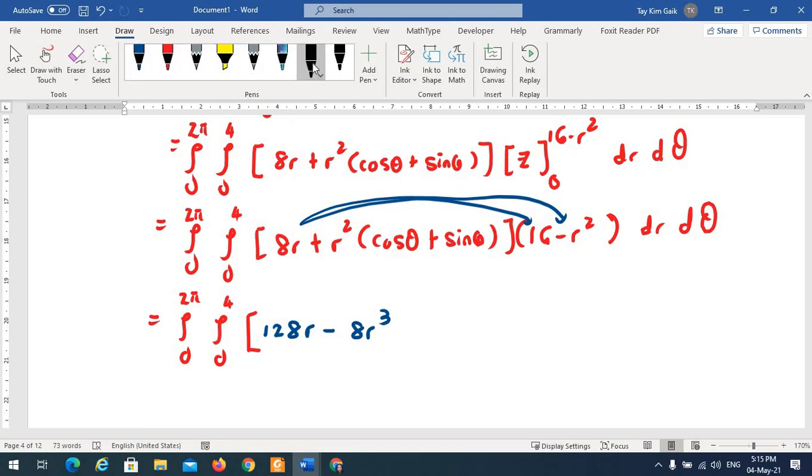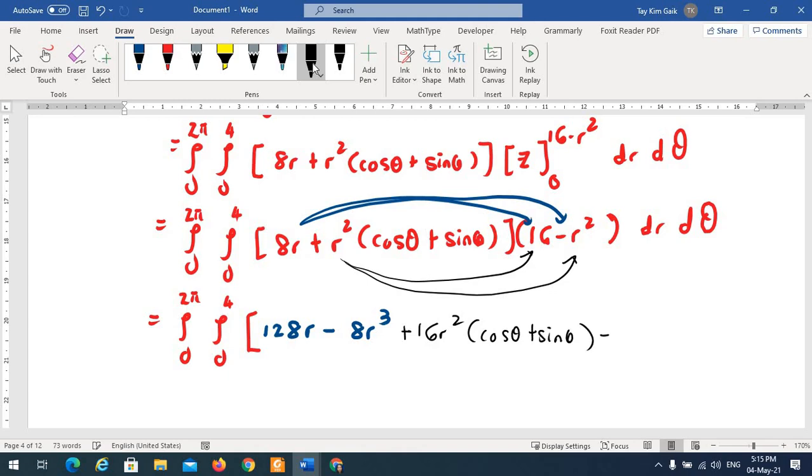Later on, slowly: r squared cos theta plus sin theta times 16, so I have plus 16 r squared cos theta plus sin theta, minus r squared times r squared cos theta plus sin theta, so minus r to the power 4 cos theta plus sin theta, dr d theta.